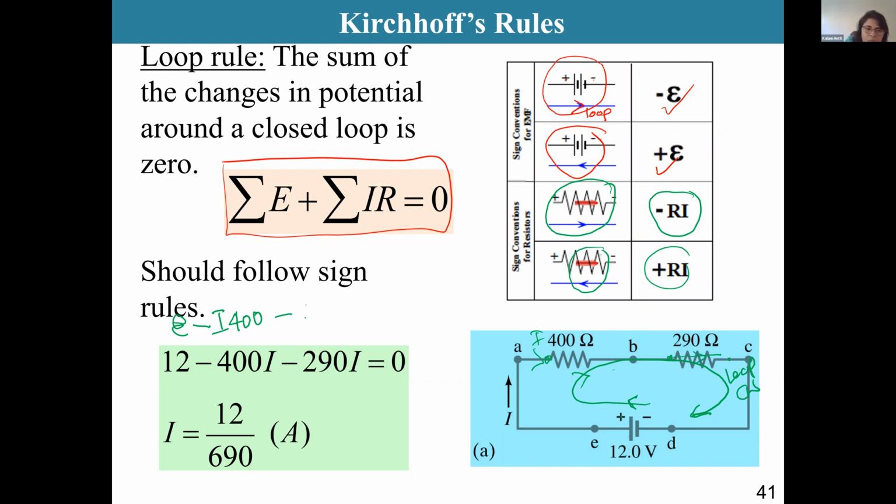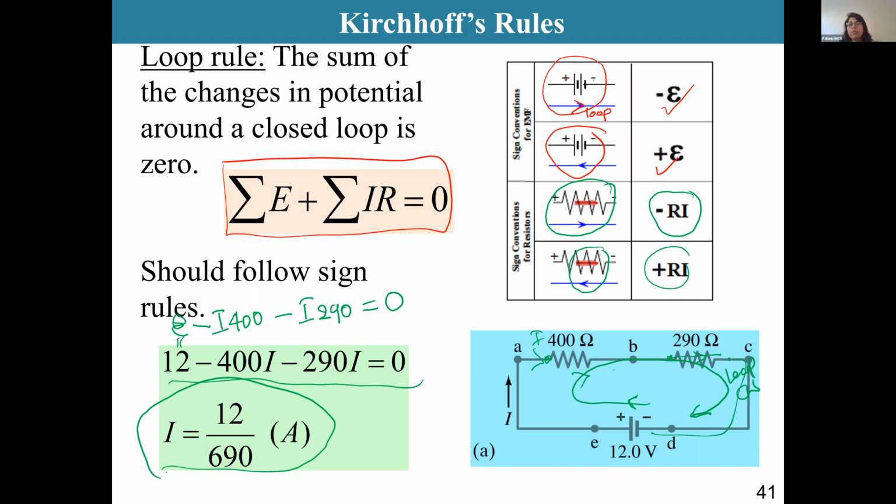Because of that, you need to subtract I times 290. Then you will come back to the end of the circuit, and it will be 0, right? Then epsilon equals I times the total resistance, and you solve it for I in the circuit. So that is the Kirchhoff rule for the simple circuit.